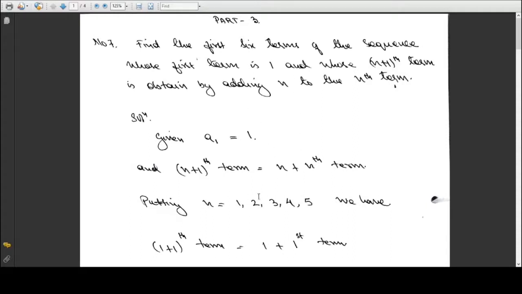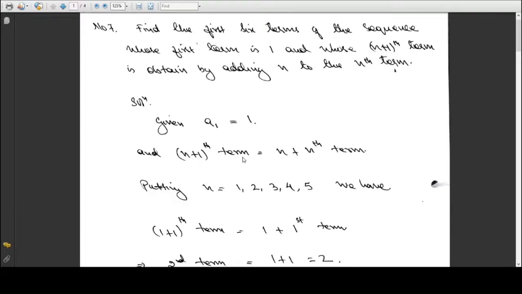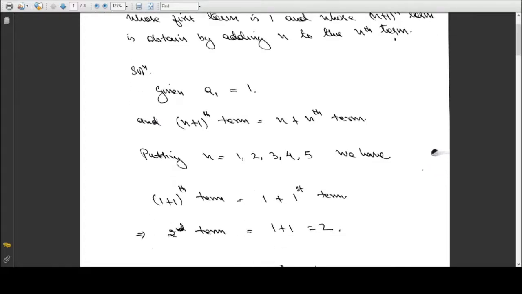Putting n equal to 1, the n plus 1th term, that is 1 plus 1, is equal to 1 plus the first term. 1 plus 1 is 2, so it will be the second term.